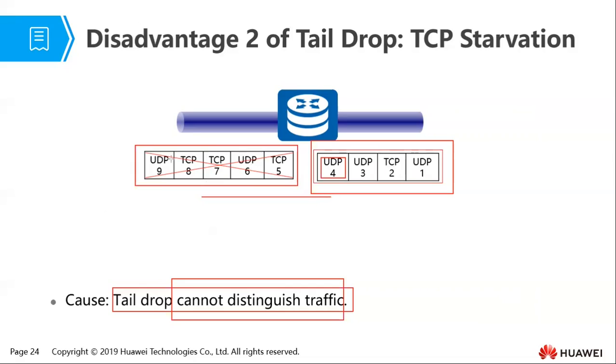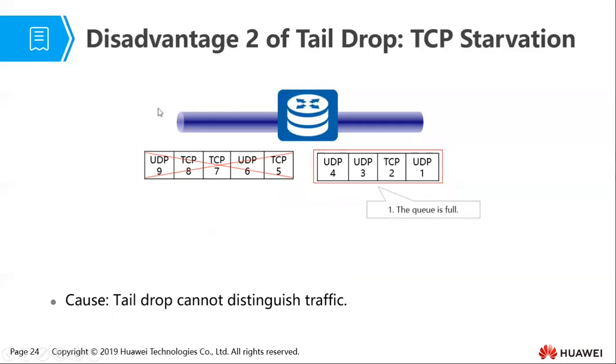So if TCP acknowledgements, for example, are dropped here, then we are not going to be able to continue to send data. Therefore, for a long time, we might not send TCP packets. That leads to TCP starvation.